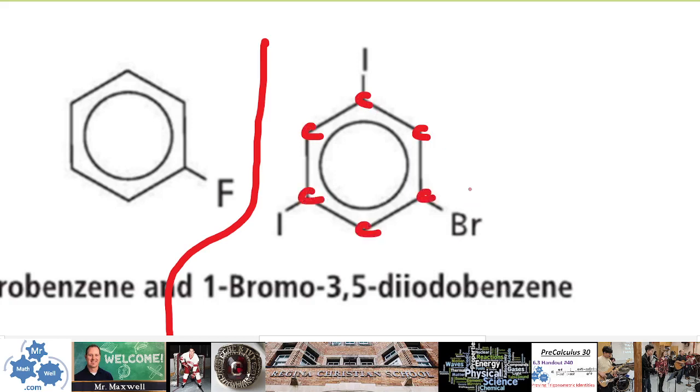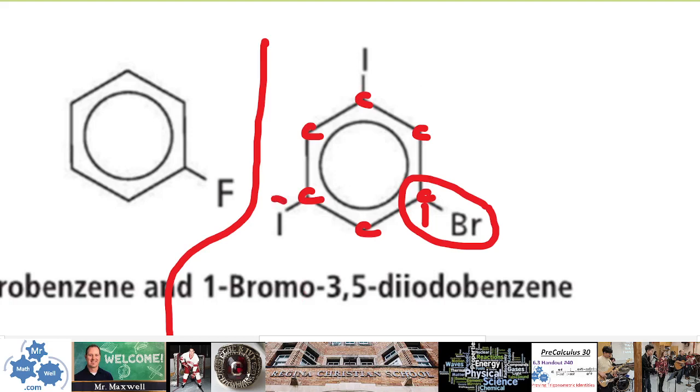Now, which one comes first in the alphabet between bromine and iodine? Well, bromine comes first. So we have to write bromine first, and we have to give it the smallest possible number. If we're talking about a ring, we can start at any carbon and name it number 1. So the one that the bromine's on is automatically going to be carbon 1. So I'm going to state it as 1 bromo. Now you have to decide which way you're going to count around the ring.